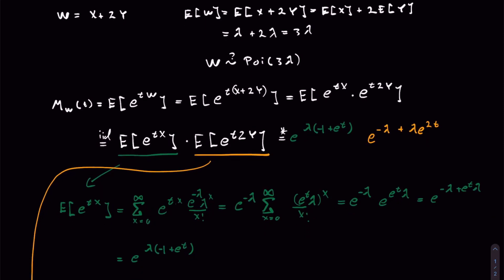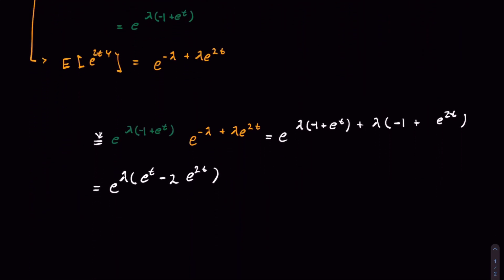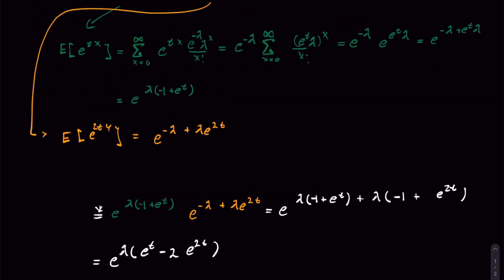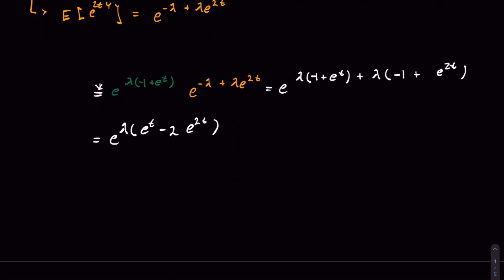By doing the same calculation, we see that if Z was distributed Poisson 3 lambda, it would have an MGF of e to the 3 lambda times e to the t minus 1.